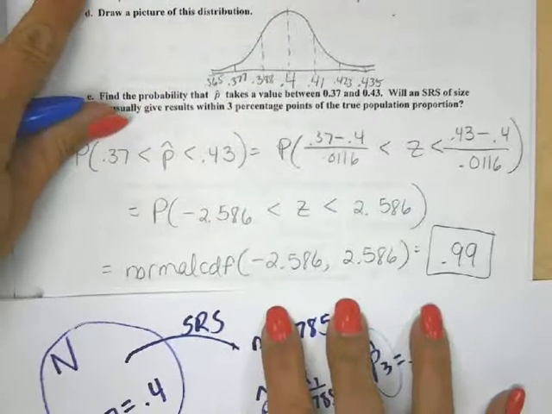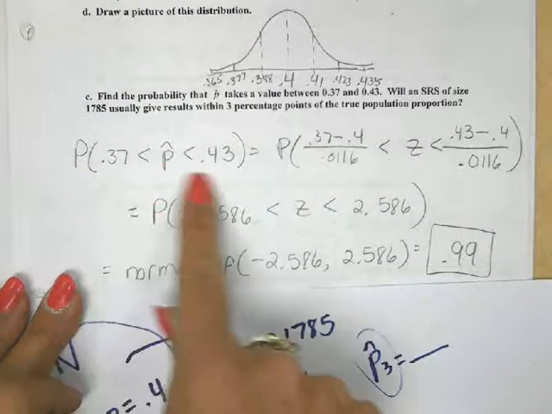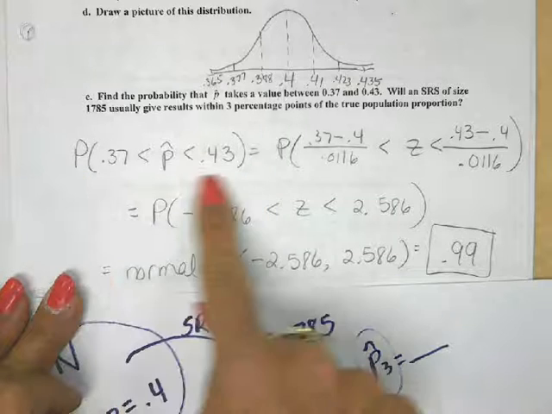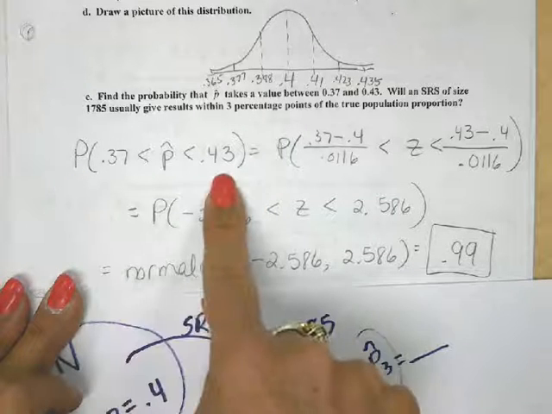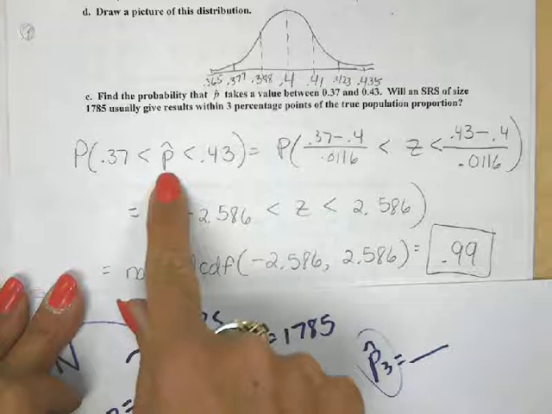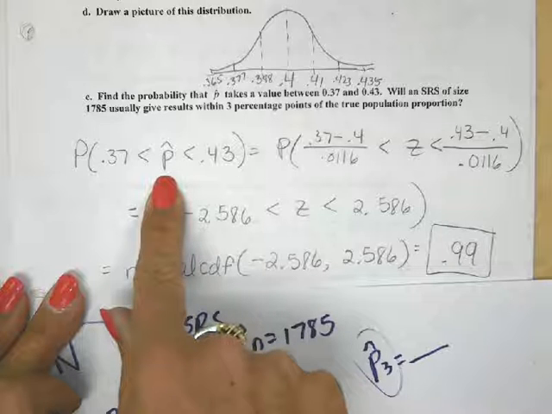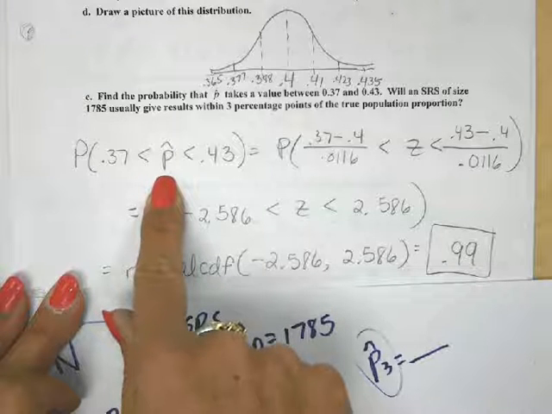So here are my calculations. Now, note the notation. This is the probability situation I'm trying to find. I am having a p hat as the value I'm looking for. I'm not going to put this as an x, because an x would mean that I'm dealing with counts, and I'm dealing with proportions.